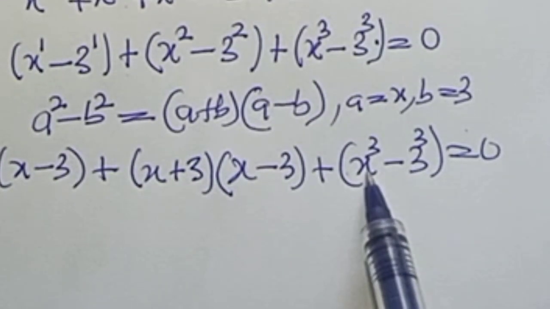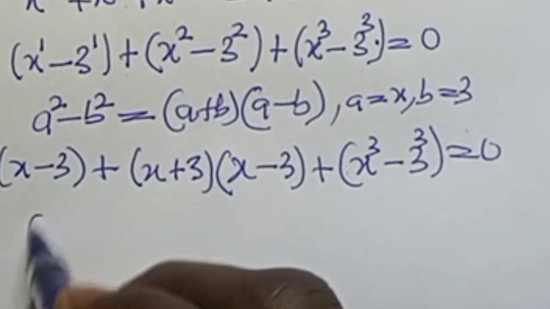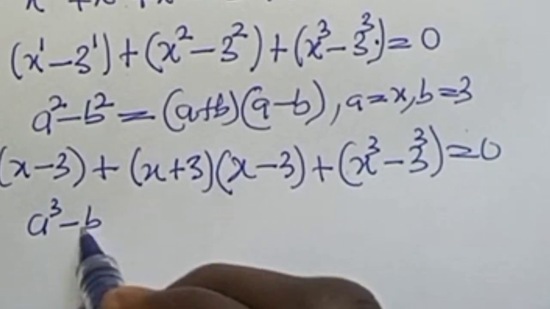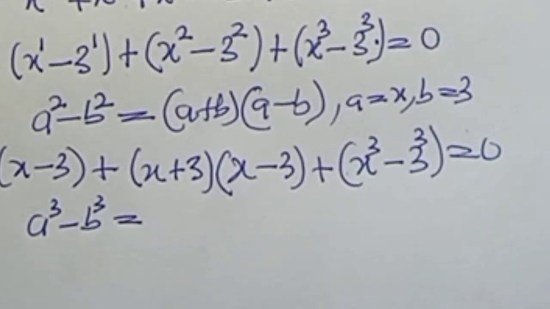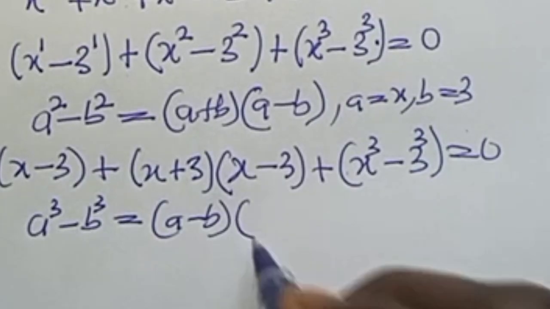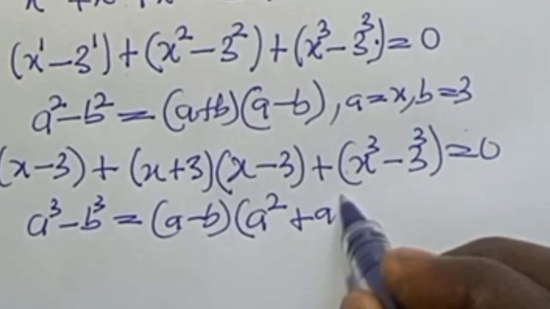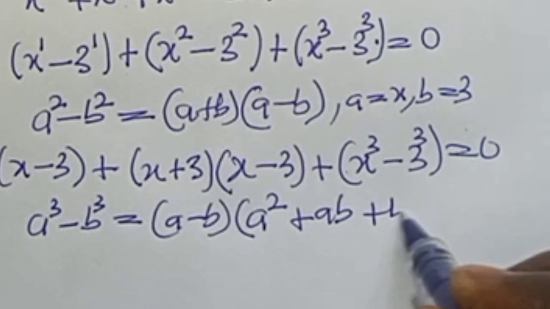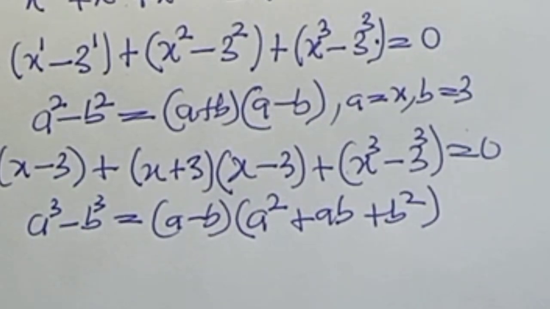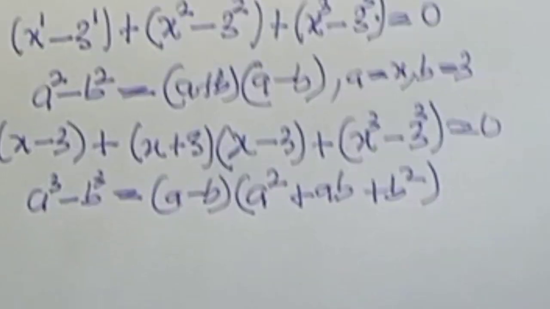And again, x^3 minus 3^3 is in the form of a^3 minus b^3, which is represented as (a - b) times (a^2 + ab + b^2), where a is equal to x and b is equal to 3.